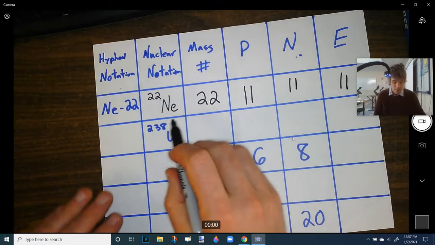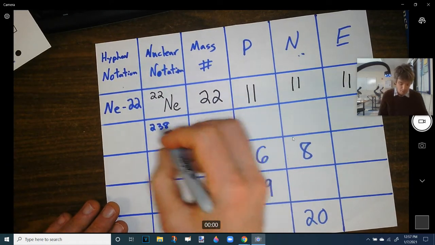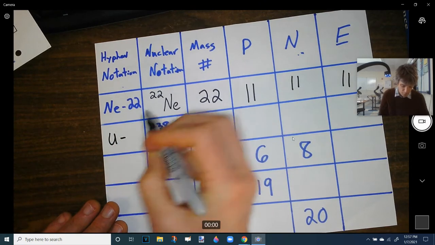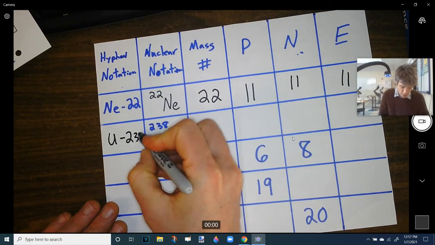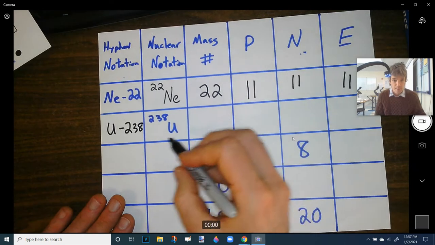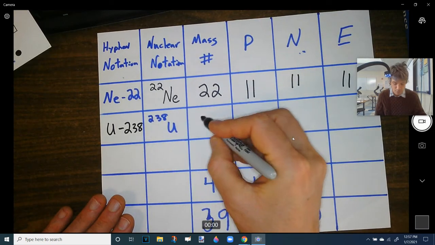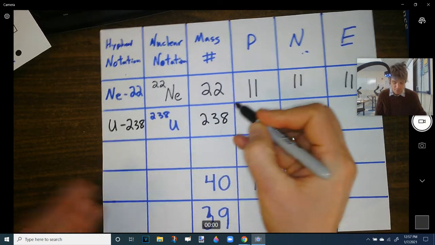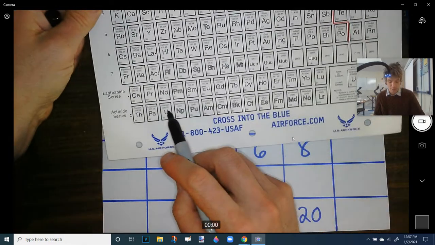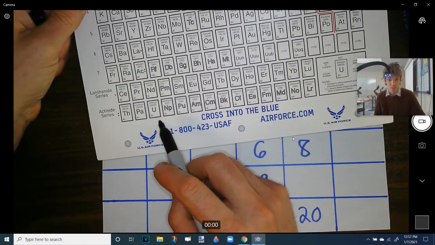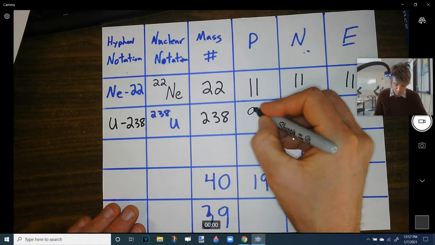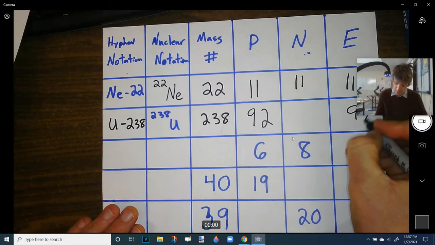Now, here this is uranium, uranium 238, all right? The mass number here is these numbers, it's 238. I'd look up the protons on uranium, it's 92, there it is, all right? So that's this.